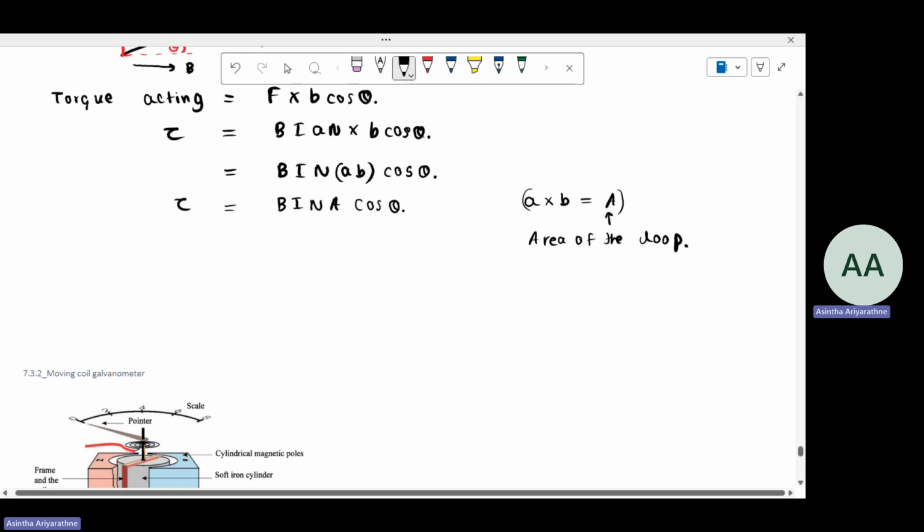So you can see, if B, I and all the other parameters are kept constant, the torque acting on the loop is proportional to the area of the loop.